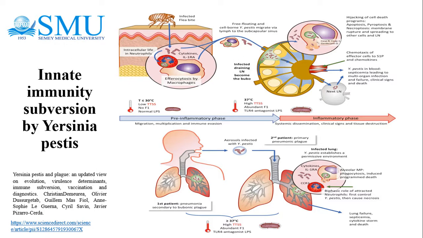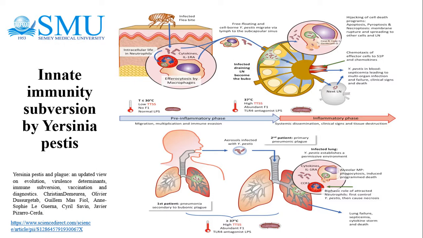Neutrophils are a very early line of innate defense and inflammation at infection sites. It was commonly accepted that Yersinia pestis is eliminated effectively when phagocytosed by neutrophils, but survives and replicates when phagocytosed by macrophages.